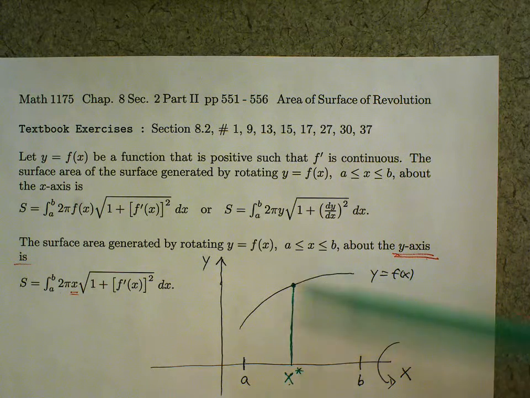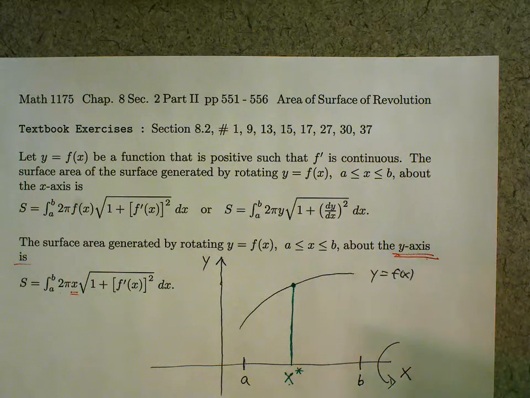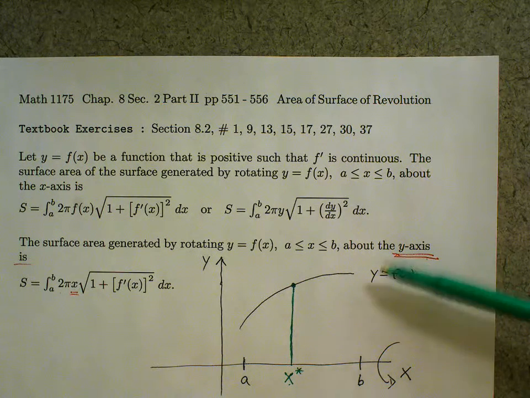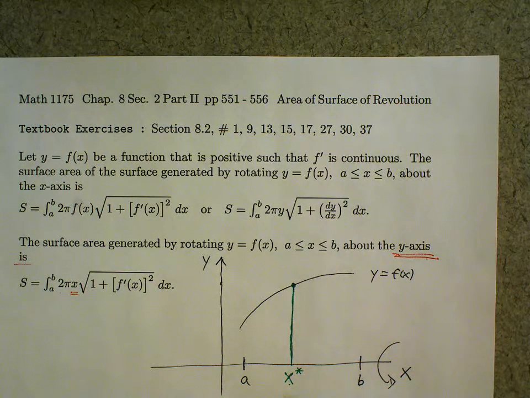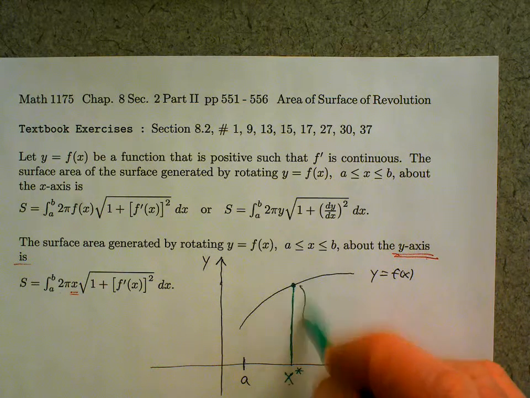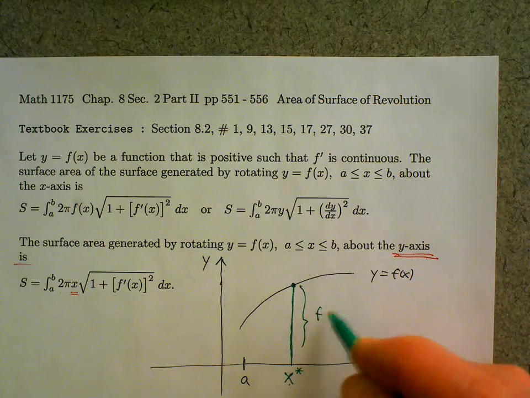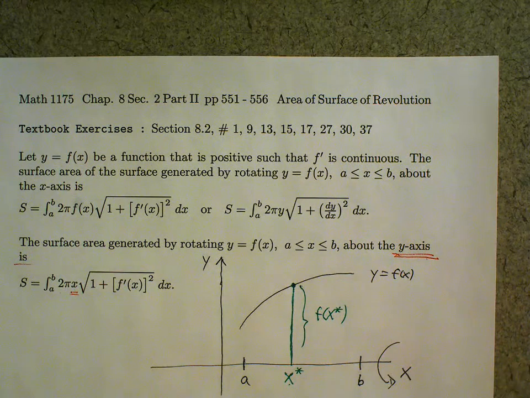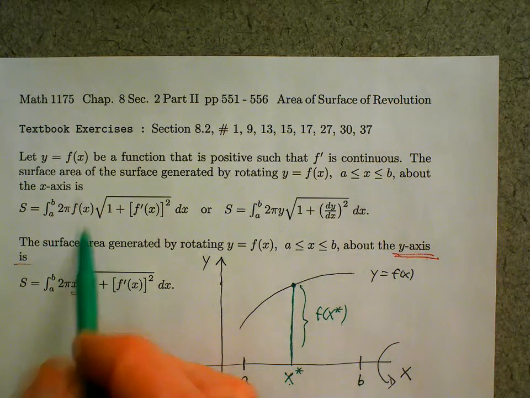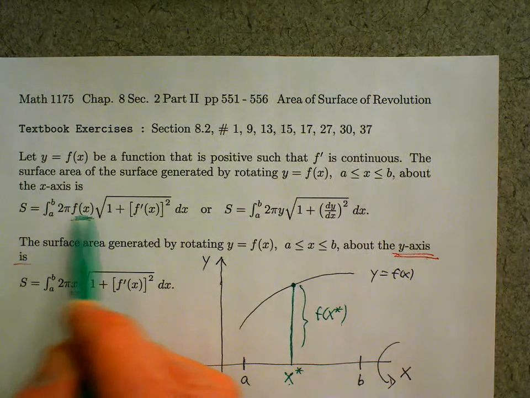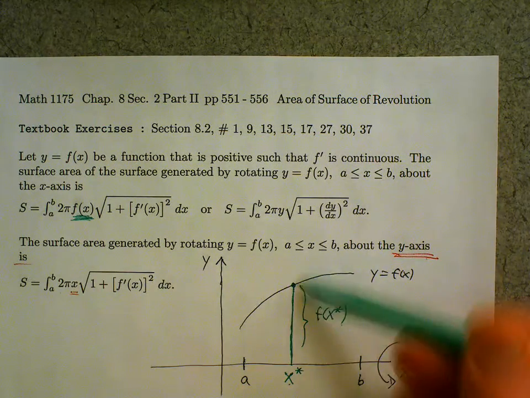The radius when we rotate y equals f of x about the x-axis at x star is the y value, which is f of x star. Seem to make sense? So when we're rotating about the x-axis, this f of x represents the radius of the revolution.